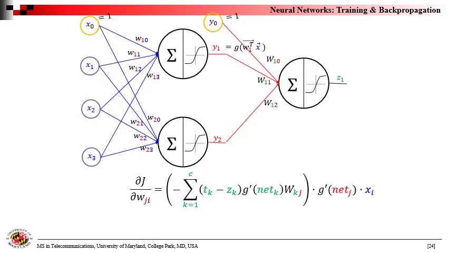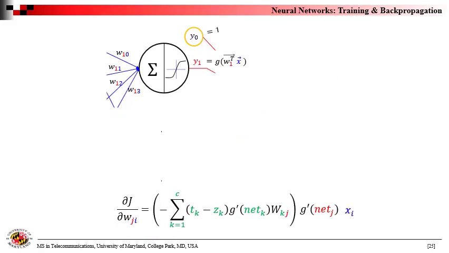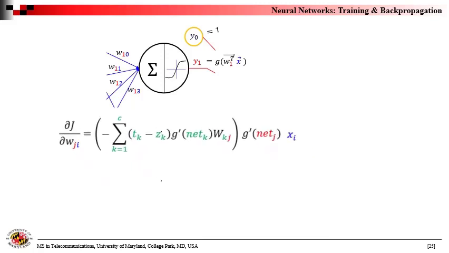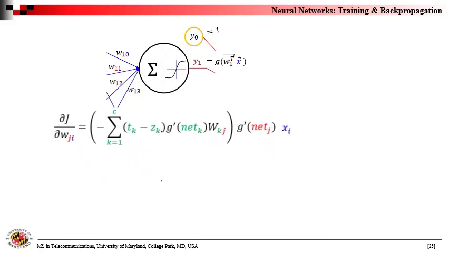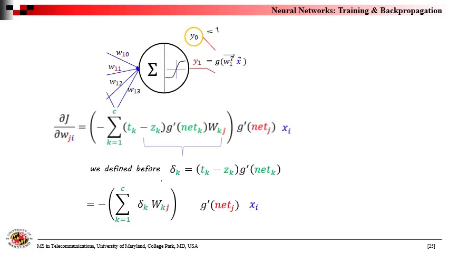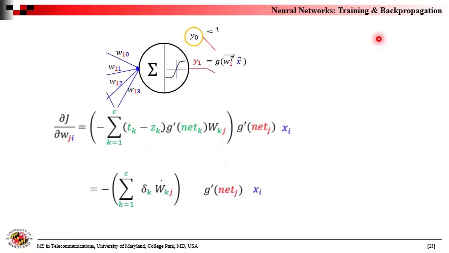So we can go ahead and write it in, replace it for our partial derivative, and let's talk further about what this is. We already defined that this particular term here was this output sensitivity delta sub k, for the output sub k. So we could rewrite this as the summation of delta sub k times wkj, and everything else stays the same.